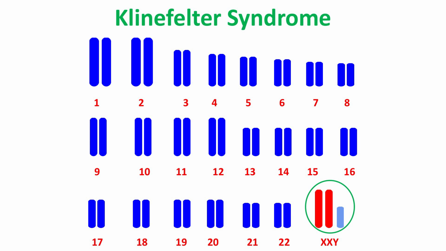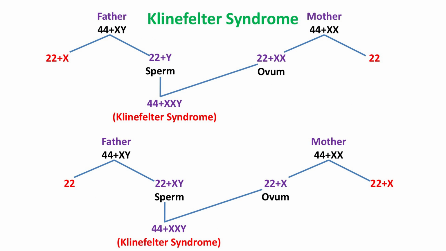But here what happens actually, if the mother produces two types of ova, 22 plus XX, and the polar body contains only 22 chromosomes, and the sperm contains chromosome 22 plus Y, fertilizes that ovum, the resulting offspring is 44 plus XXY, suffering from Klinefelter syndrome.